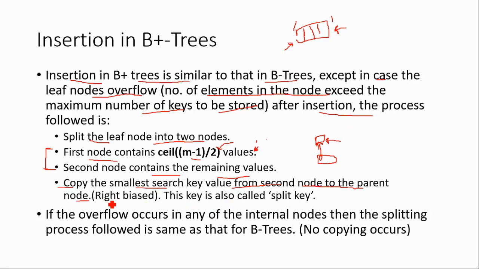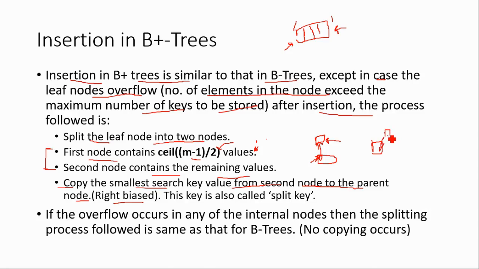The thing to observe is that this is right bias, meaning we are considering the right node for copying the key. Otherwise, it might have happened that the largest key of the left node was copied.